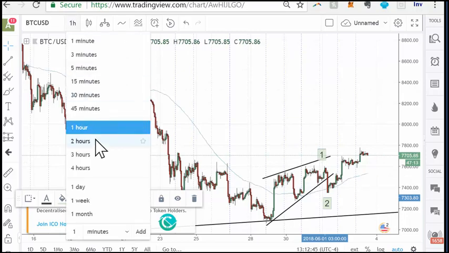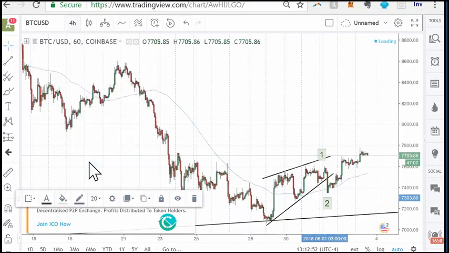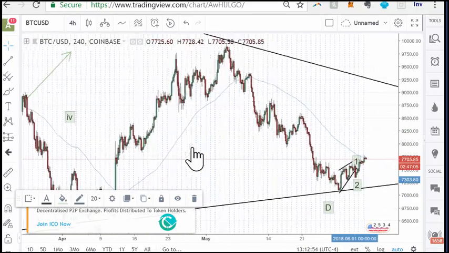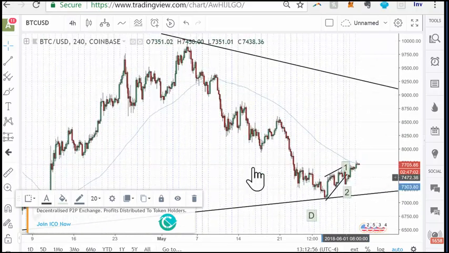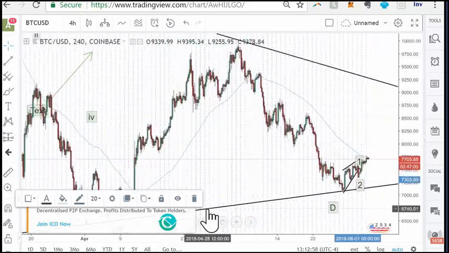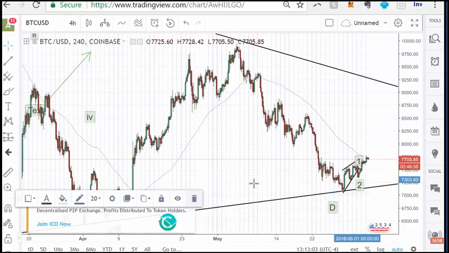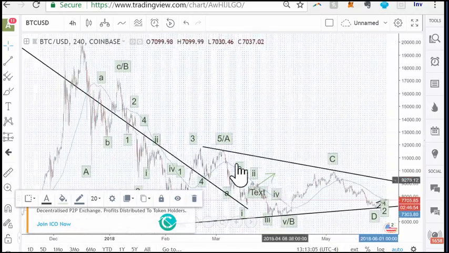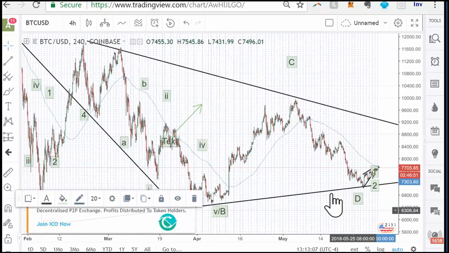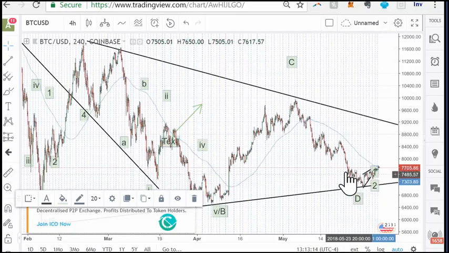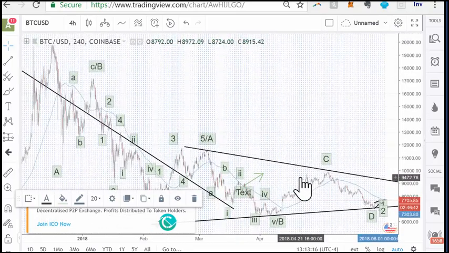The fact that we start with a leading diagonal is a relatively good sign for the bulls because leading diagonals tend to lead patterns. And combine that with the fact that it's the lower end of this triangle, this wedge that we're forming, it shows that this could be a buy entry zone that fits along this structure.